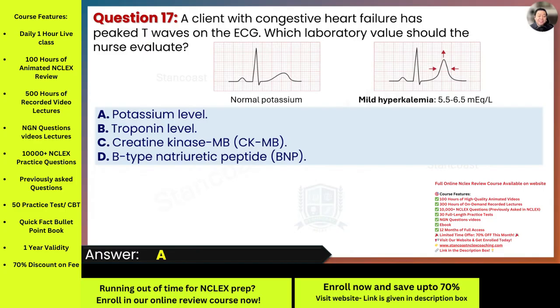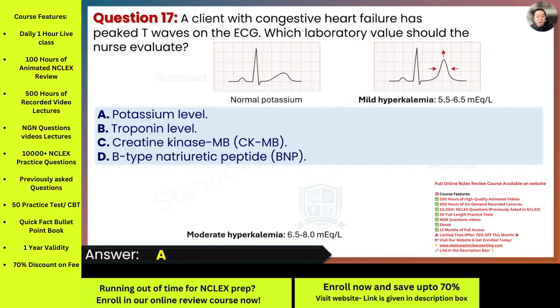Well, it's because the excess potassium in the blood causes faster repolarization, basically a rapid return to the cardiac cell's resting state, specifically affecting the T wave, which reflects the repolarization or resetting of the ventricle. So this is often the first noticeable sign of hyperkalemia. We're talking about mild hyperkalemia.